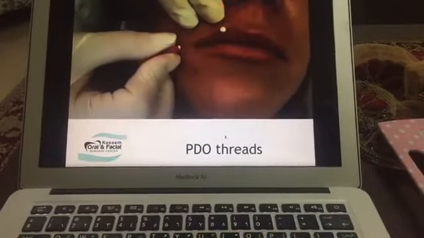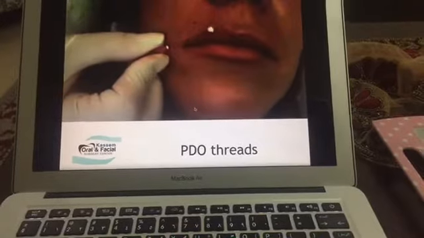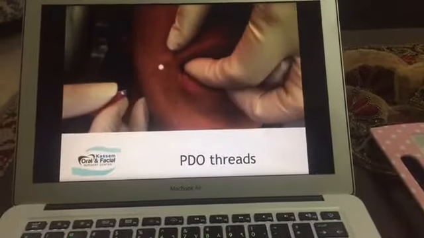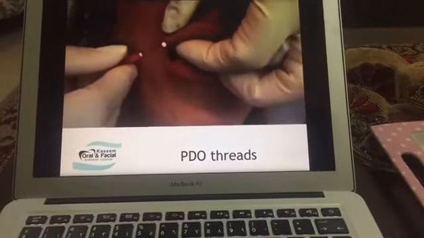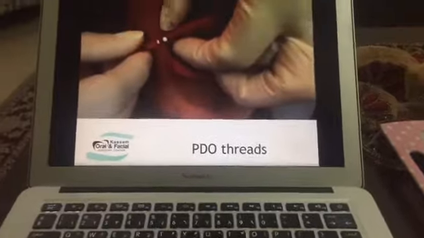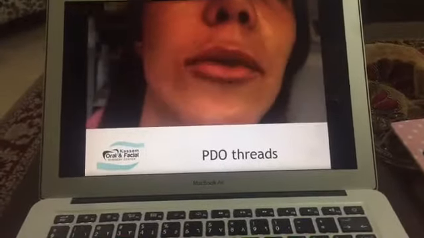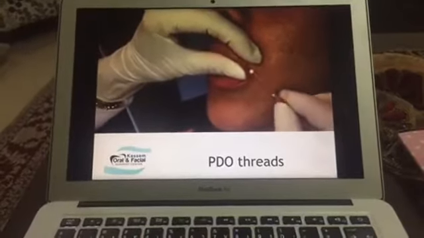Okay, another technique before we finish our static part. This is what we call BDO threads, which enable decreasing the lip size instead of doing surgery. We put these threads to decrease the oral commissures. This will decrease the lip size for the patients.